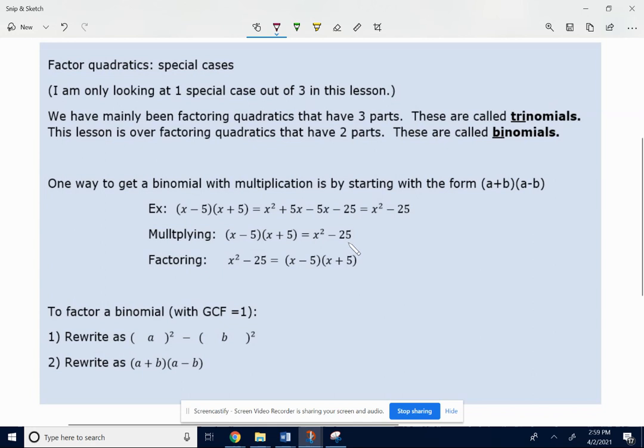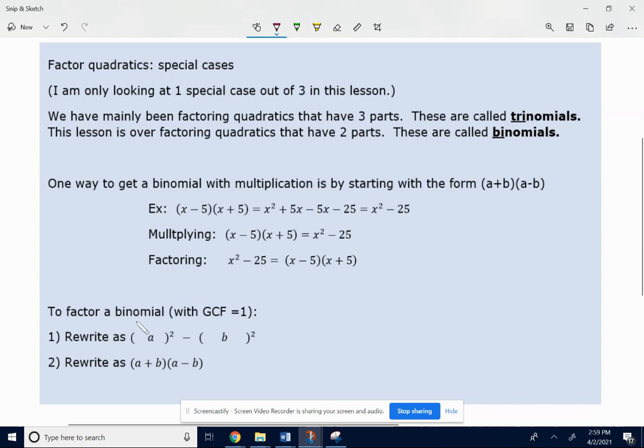Factoring is backwards. I'm starting with x squared minus 25, and I end up with x minus 5, x plus 5. So the big idea, the special type of problem I'm going to work with in this lesson is to factor a binomial, a two-parter, something squared minus something squared.